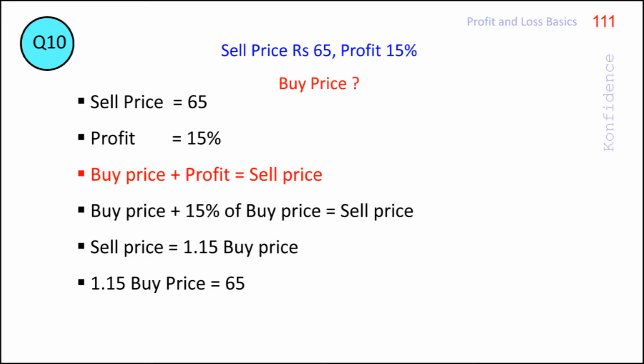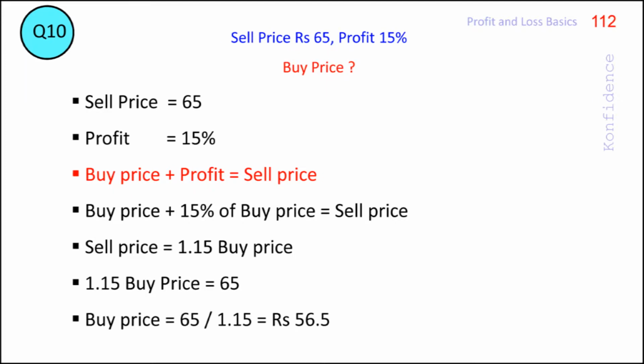Here, we know sell price is rupees 65. Therefore, buy price will be equal to 65 divided by 1.15, that is equal to rupees 56.5.